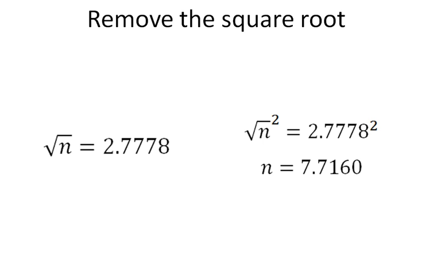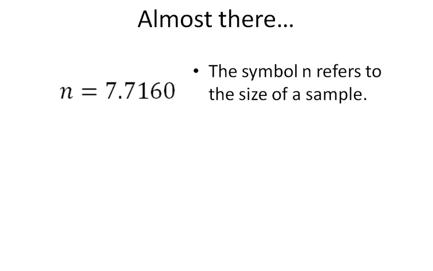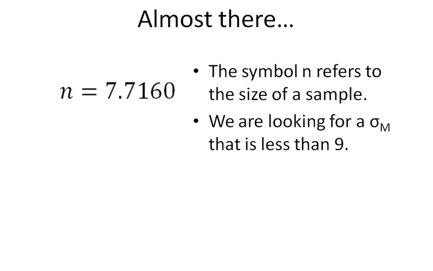Now it's important to remember that this would be a wrong answer if you just left it here, and here's why. We need to go back and remember what n refers to. n refers to the size of the sample, so it refers to individual people. We can't have a fraction of a person in our sample. Also, remember, we're looking for a standard error that is less than 9.